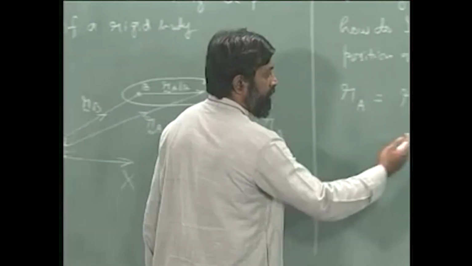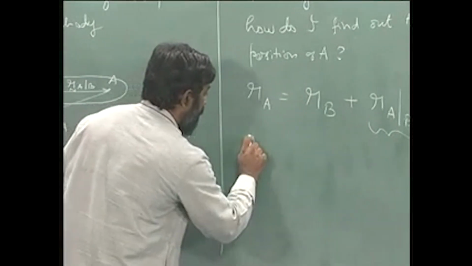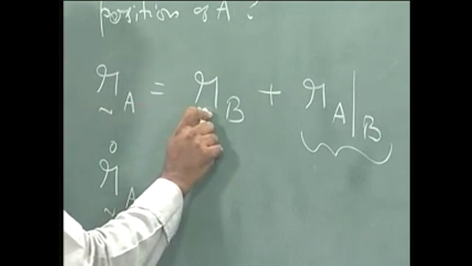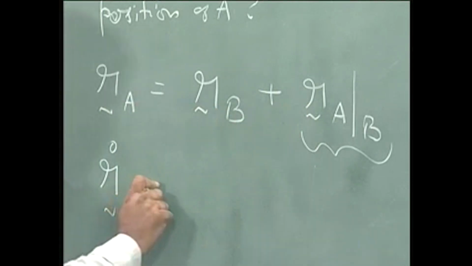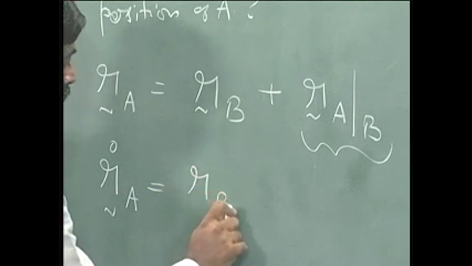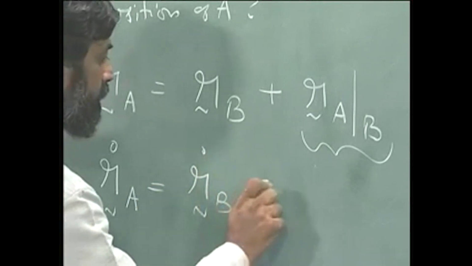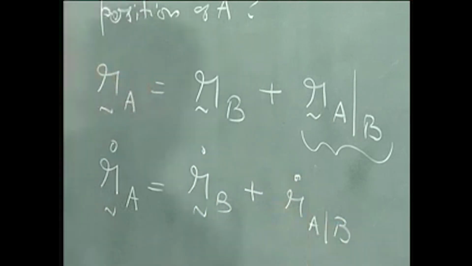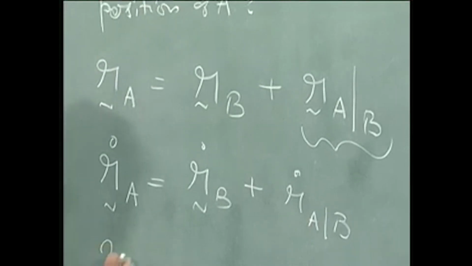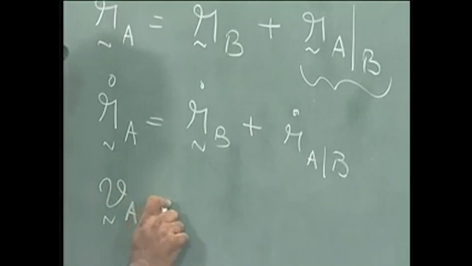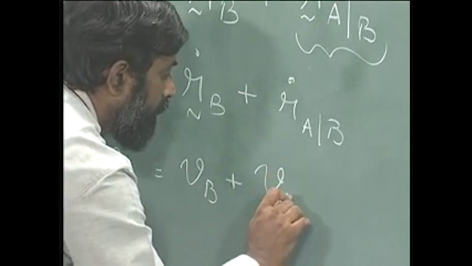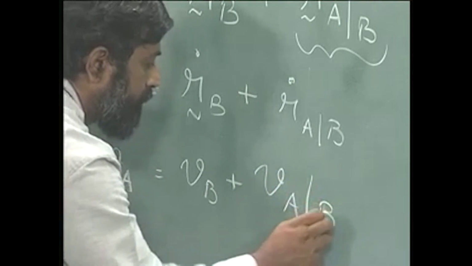So, in this particular exercise if I do that, r dot of A is nothing but r dot of B plus r dot of A with respect to B. Okay. This can also be written as VA equals VB plus V of A with respect to B.